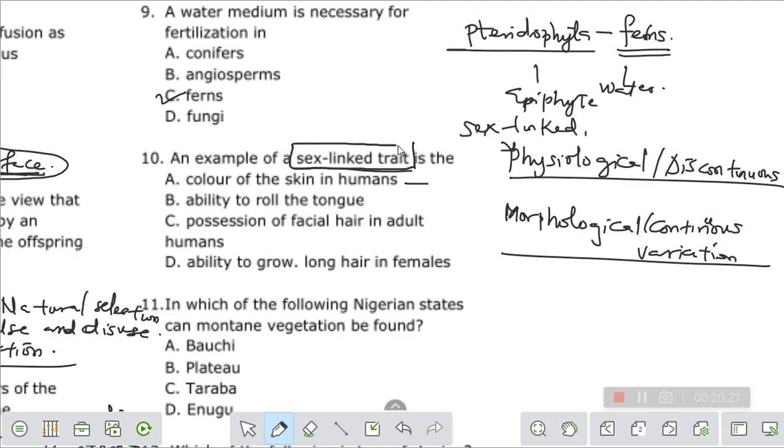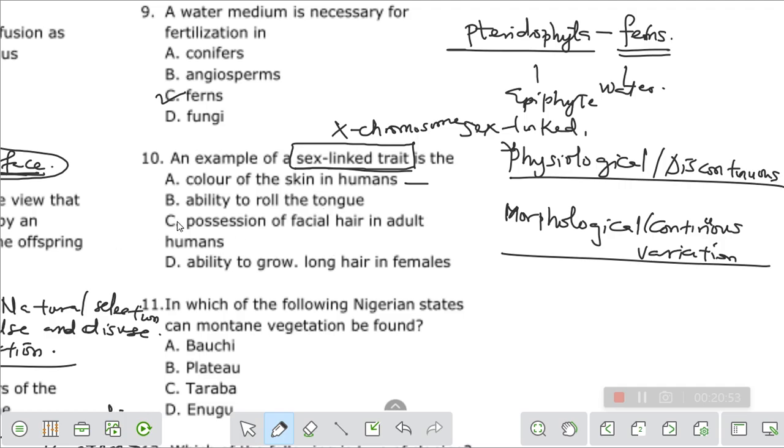Sex-linked traits are actually influenced by genes located on the X and Y chromosomes. So facial hair in humans is a sex-linked trait, that is, facial hair in adult humans. As you are growing up, you see some people growing facial hair on their faces. Males with XY chromosomes, especially adult males, you see hair going in there.